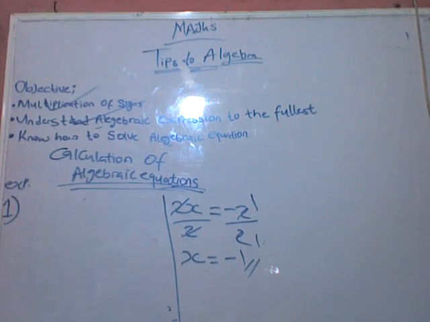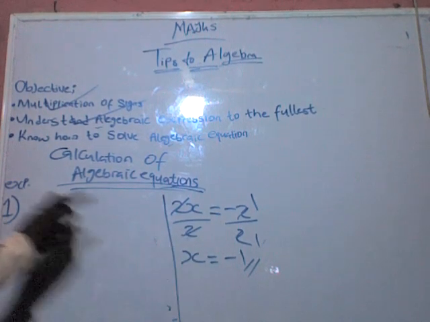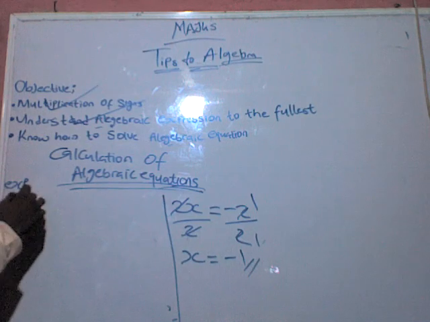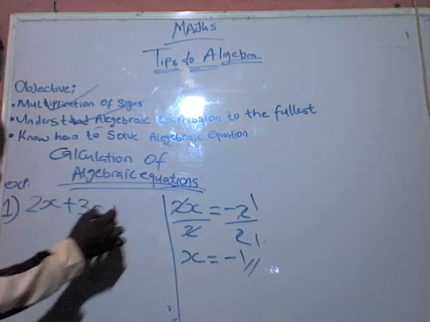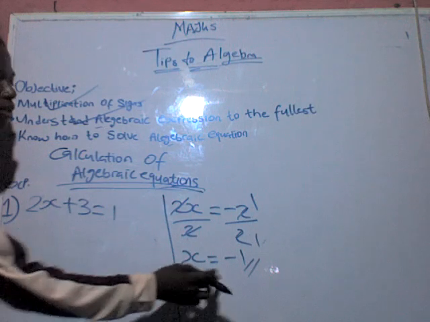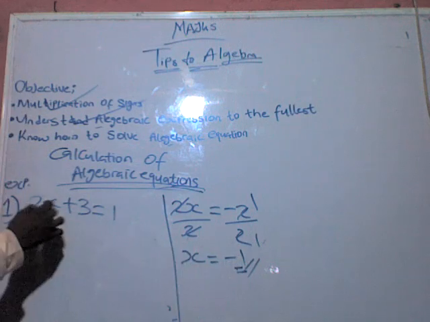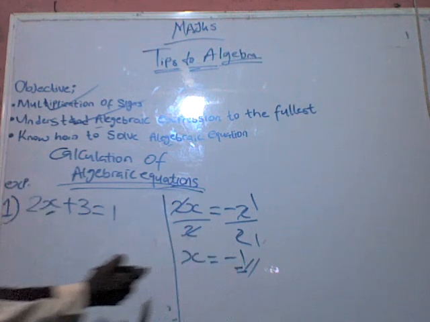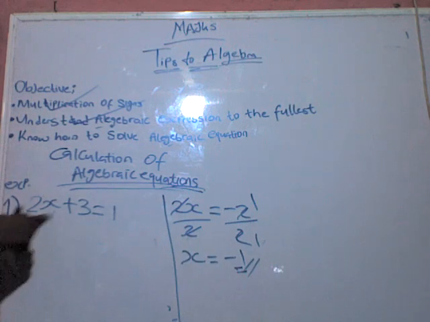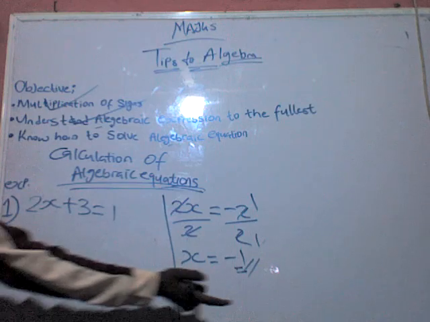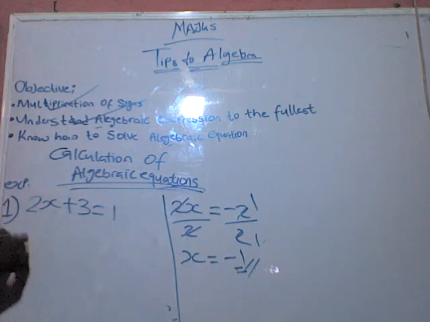So after having this, since this is our equation that we used, let's plug in this value right here. Since x is this, anywhere we see x, we substitute our value. So let's substitute our value and see whether what we're doing is correct, and see whether our answer is correct. So let's check it.